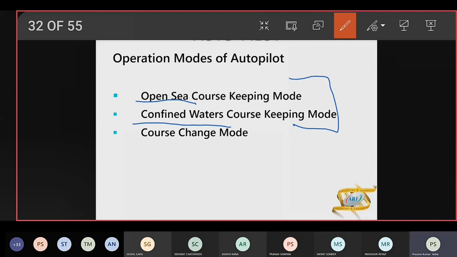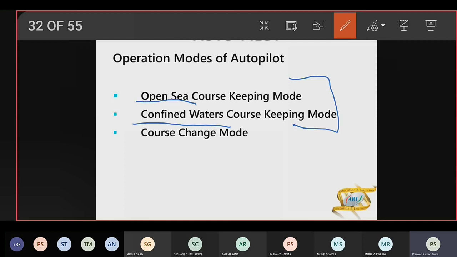So in this case, the autopilot is a little liberal or laid back in operating the rudder. The rudder is not very often operated. If the heading is going a little plus or minus, it lets it happen. It applies the rudder a little sluggishly, slowly and easily.